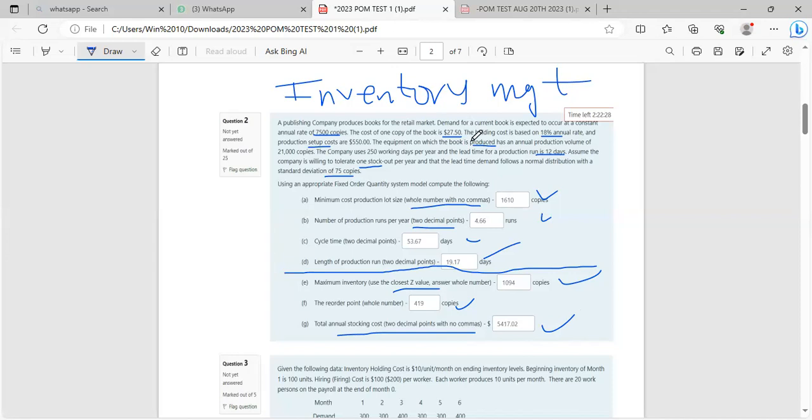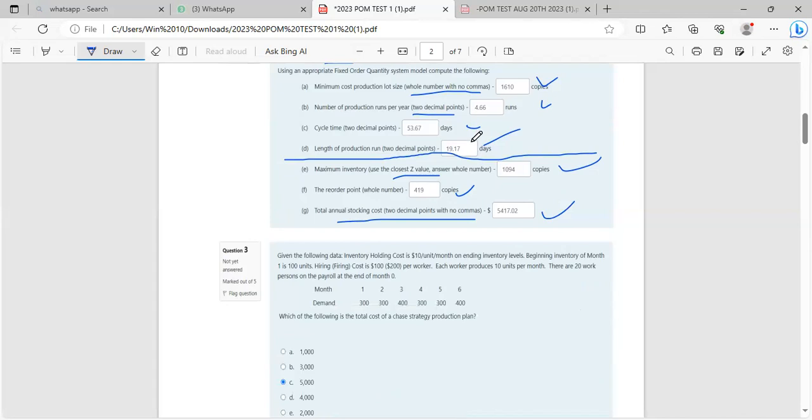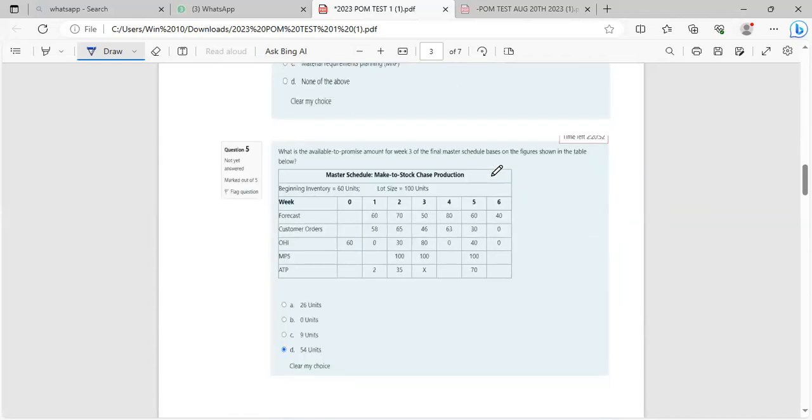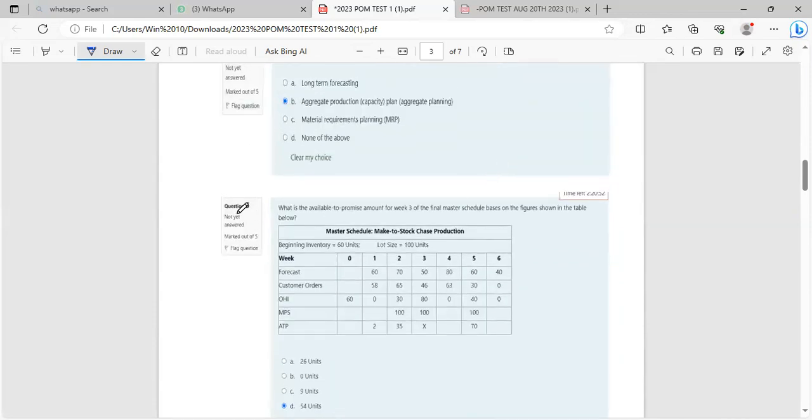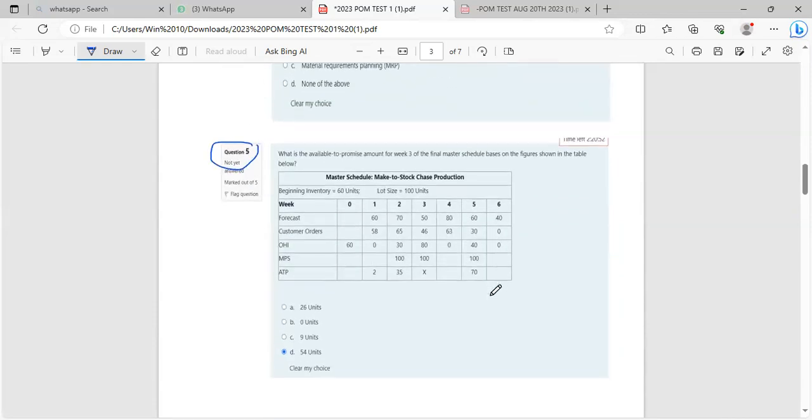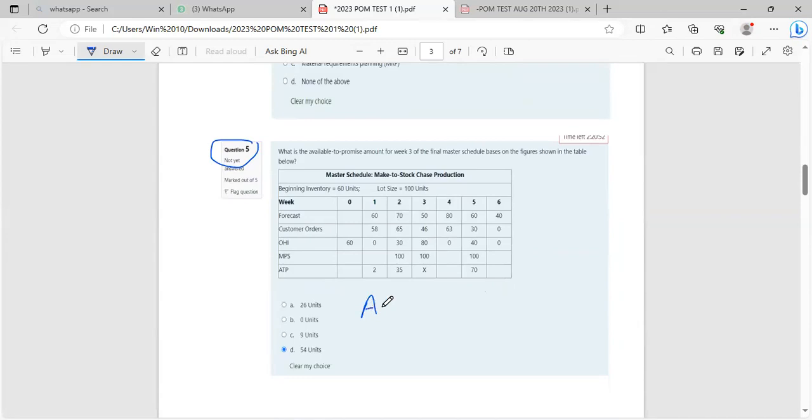Meaning the other questions as we go, we need to break them down so that you understand thoroughly. These other questions need to be done. So question 5, for example. To get the available to promise, you simply say it is equal to MPS minus customer orders.